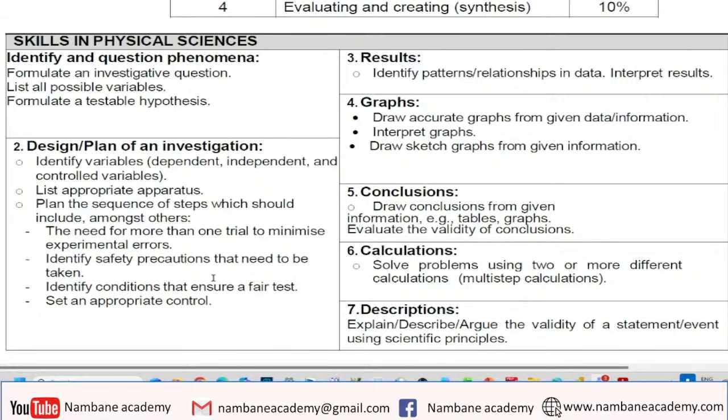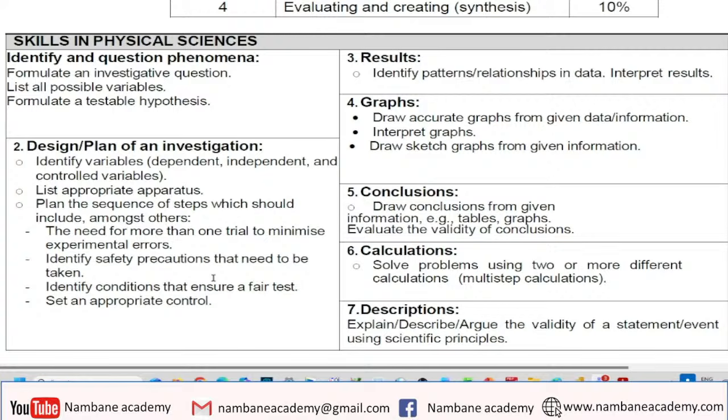But if you have more than one independent variable, then that test cannot be a fair test. So our learners must know that if they are given a question where they compare investigations and they find two or more independent variables, then it means that comparison or that test is not a fair test. For a fair test, there has to be one independent variable.